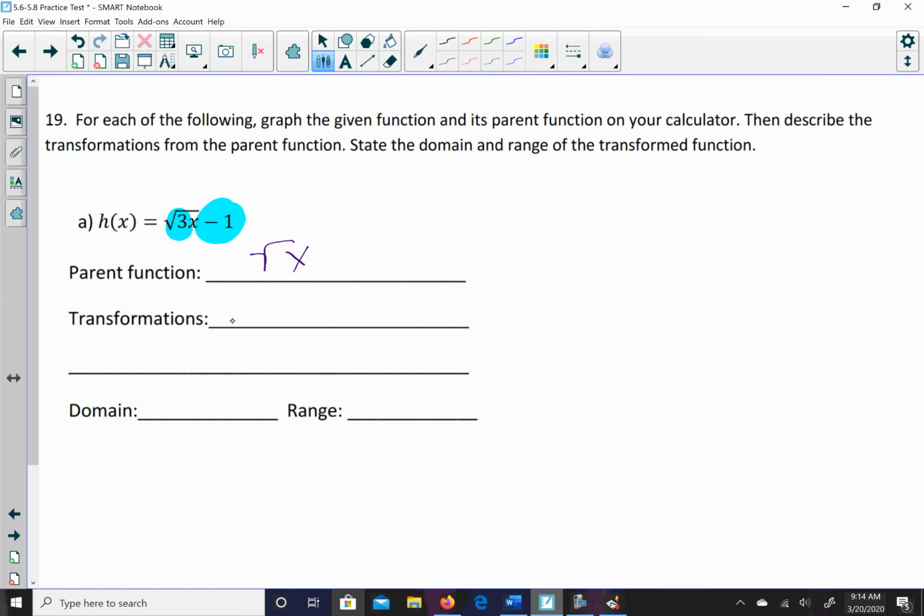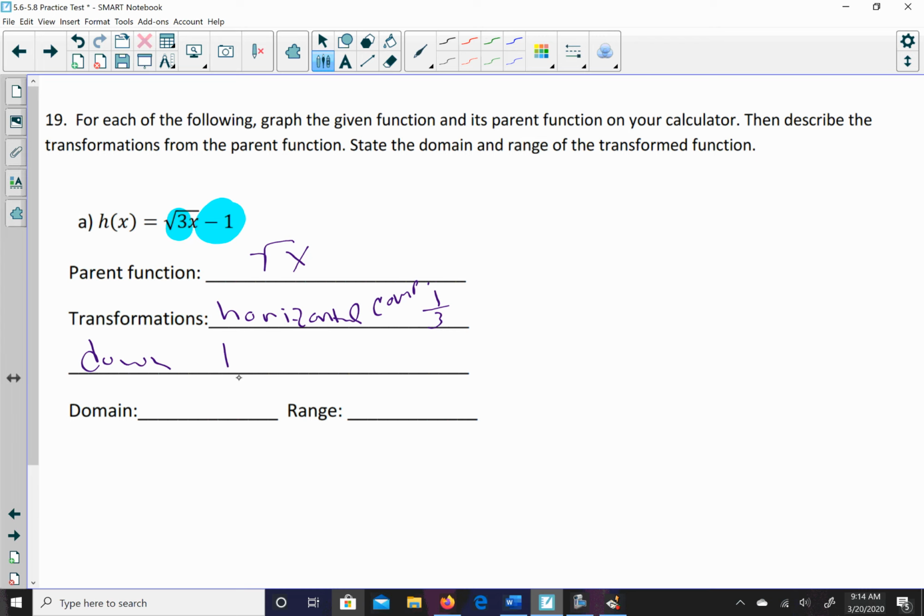So the 3 inside is inside, so it's going to be horizontal. Remember, horizontal is opposite of what you think. So that's going to be 1/3. So I'm going to say a horizontal compression of 1/3. And then this -1 outside is going to move the whole graph down 1.